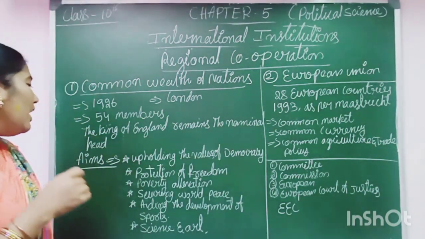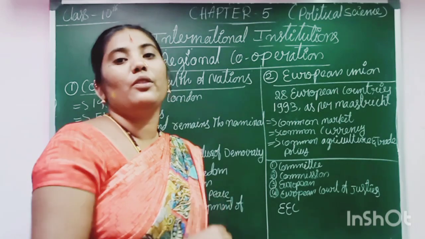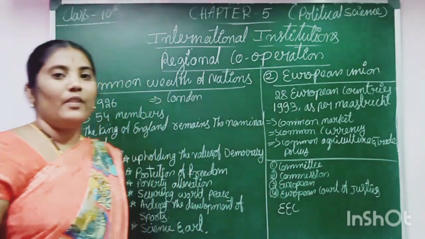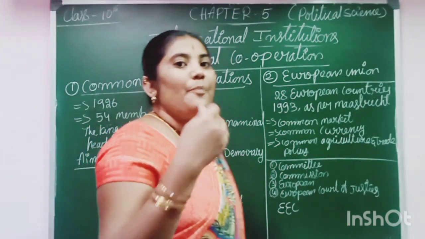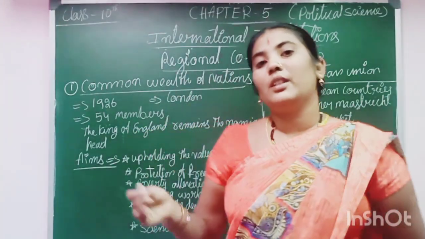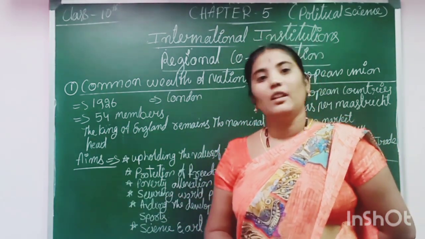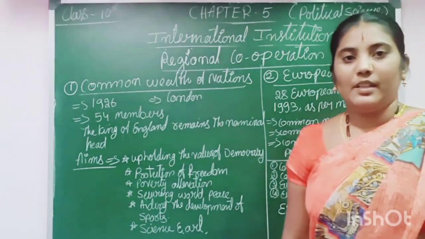Then aiding the development of sports: it provides some funds to sports and also conducts the Commonwealth Games. Then science and art: it provides aid to science and art, gives importance to them, and also calls some conferences. These are all aims of the Commonwealth Organization.